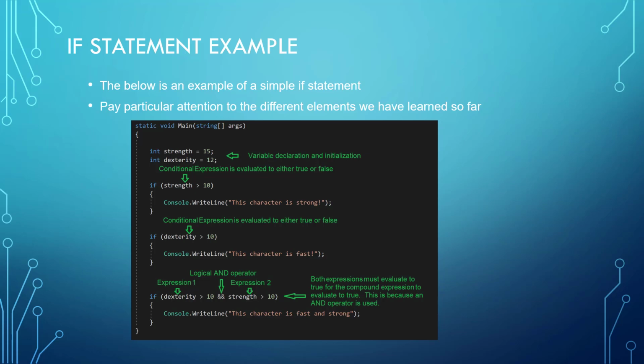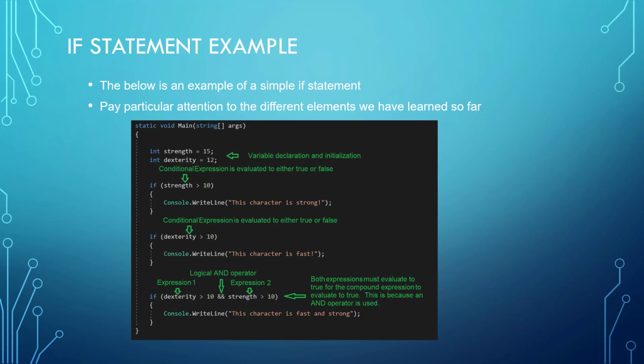Move down a couple of lines and we come to yet again another if statement. But this time the expression is different. We're now going to evaluate an expression to determine if dexterity is greater than 10. Now we gave our dexterity a value of 12. So dexterity is greater than 10, and therefore this condition will evaluate to true.